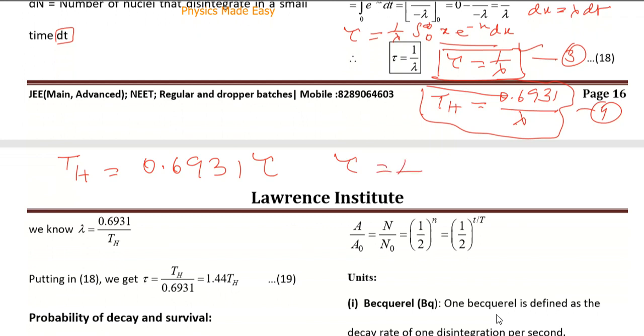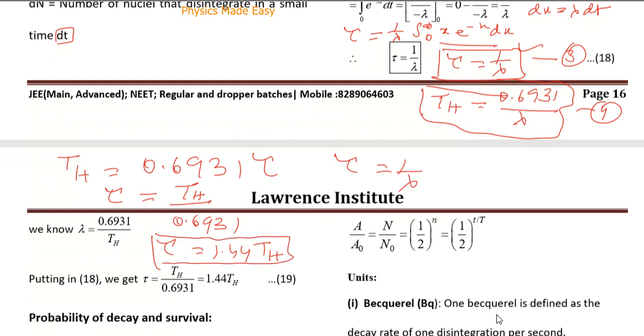Tau is 1 by lambda, or tau is T half divided by 0.6931, or tau is 1.44 T half-life. This is its value.